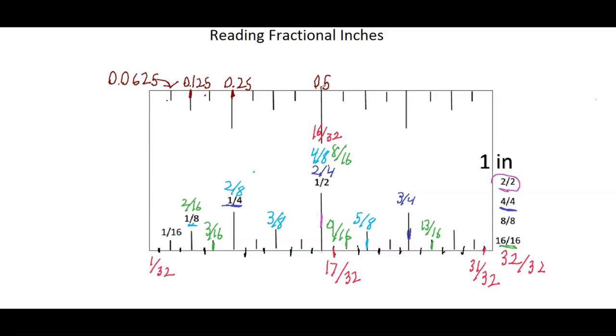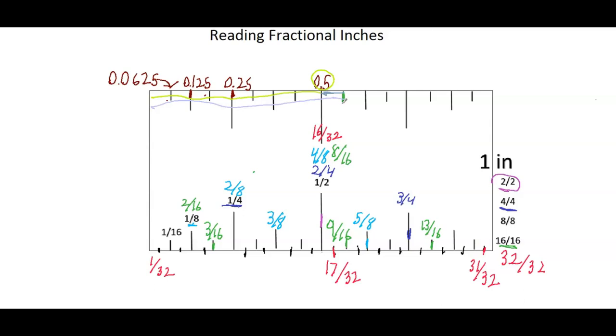Now, what if I asked for the decimal inches of this length here? Well, what you need to realize is this length from here to the beginning, if you really look at it, is just this length plus, well, let me get a different color here, plus this length. We're just adding those up. Well, this green length is 0.5.